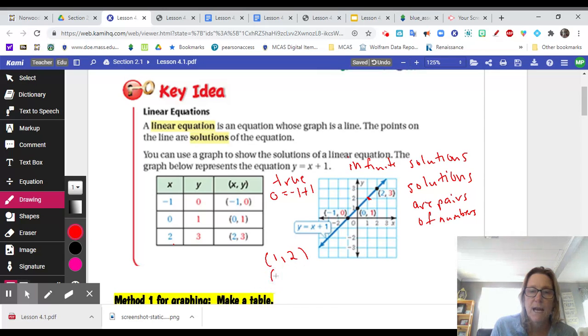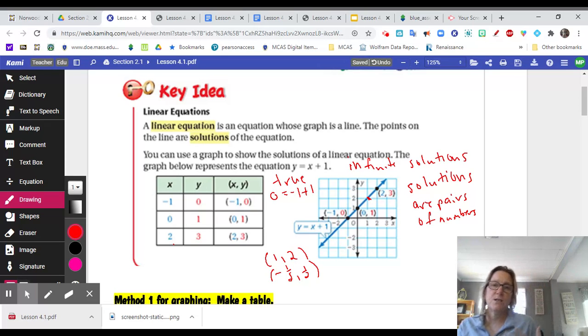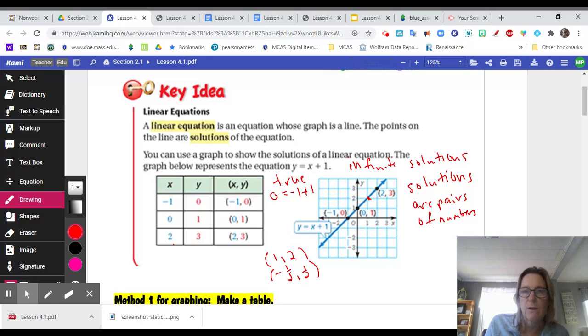So the point -1/2, 1/2 is also a solution. So the main thing to understand as we start this exploration into linear equations is that we have infinite solutions to any linear equation. And when we draw a picture, the graph, we should see a straight line, and each point on the line represents a possible solution to the problem.